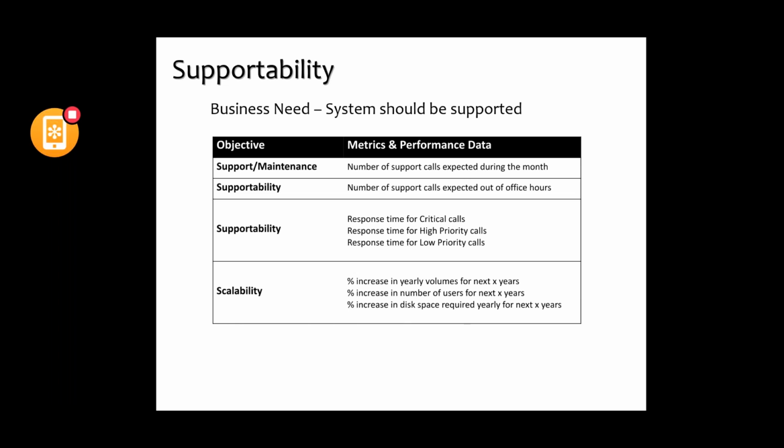When our customer is buying our application, they would ask, okay, year on year I'll have a 20% increase in the number of users and a 40% increase in transactions. Is the system capable of handling those things?